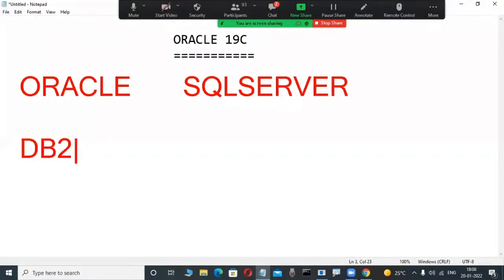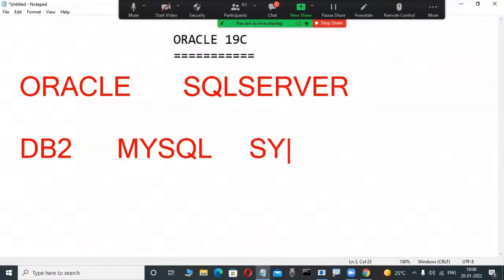DB2 is a database product from IBM. MySQL is an open source database product, but nowadays Oracle Corporation is purchasing it. Sybase is a database product from Ingres Corporation.